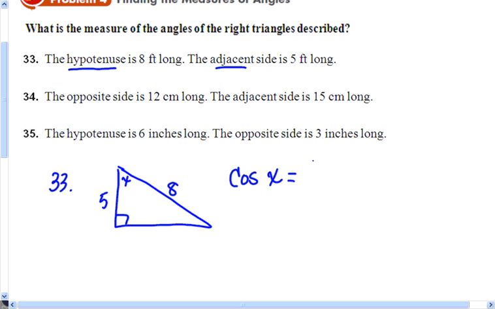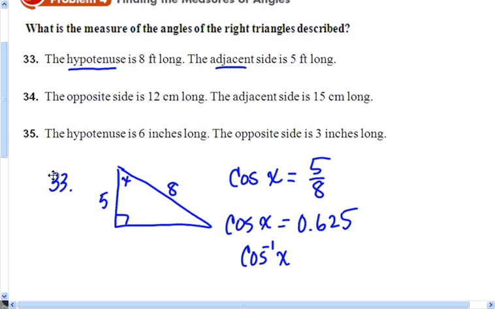So let's just write that. And 5/8, we can just divide that and make that a decimal. Cosine of x. Now here's where you use the cosine inverse. So we want to know the angle here. If the cosine of x is equal to 0.625, then the cosine inverse of 0.625 is equal to x.